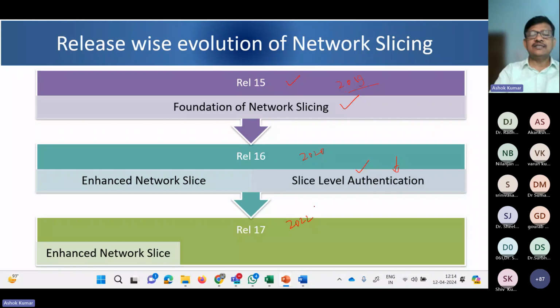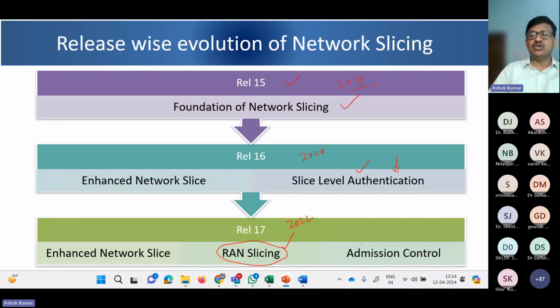they added certain more enhancements. And here they have defined the concept of RAN slicing: how the RAN component would be sliced for different slices. And then they have also talked about admission control in release 17.